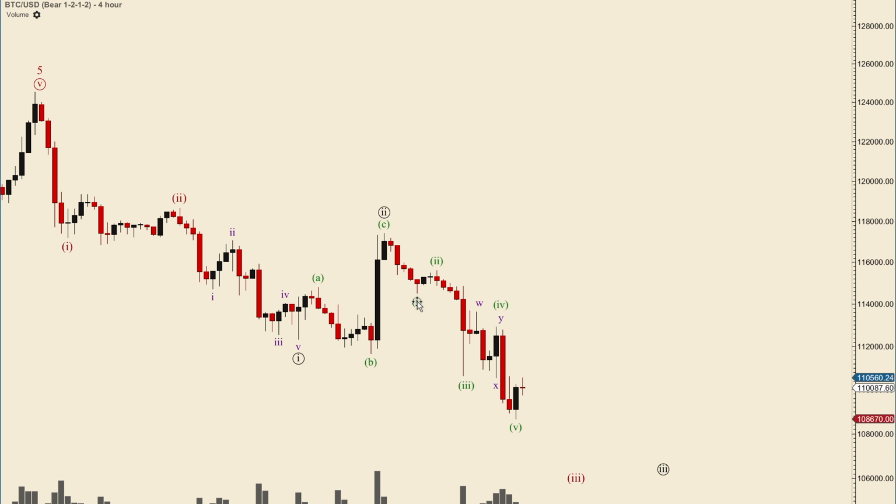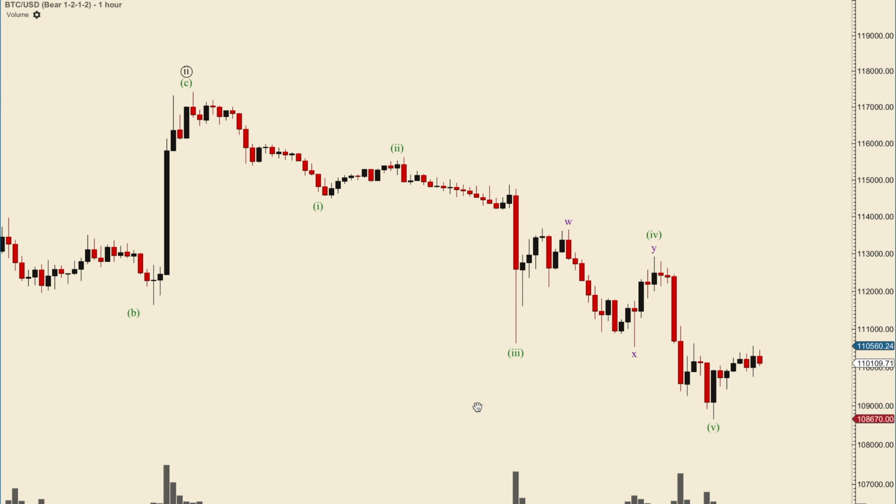So here we have 1, 2, 3, but then wave 4 is okay in time, but if we look at wave 3, if we zoom in on a 1 hour, wave 3 needs to be an impulse. And how are we going to count this as an impulse? I mean, it's like 1, 2, 3, but where is our 4?